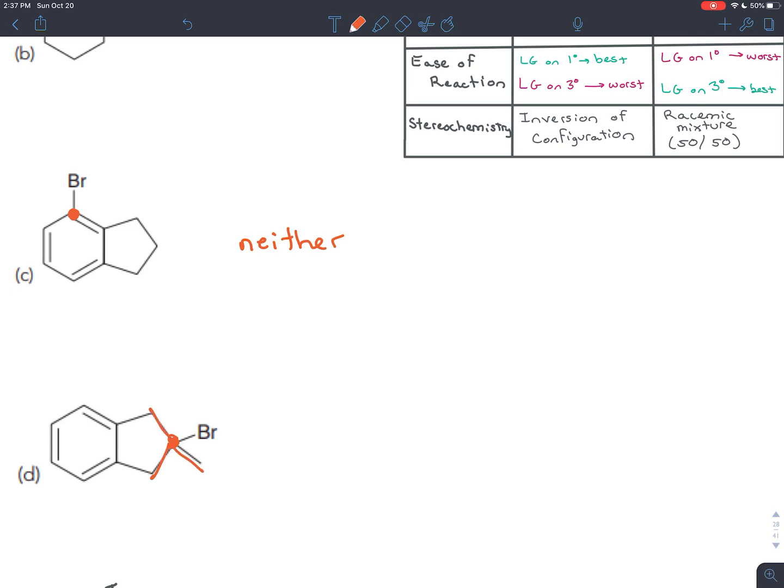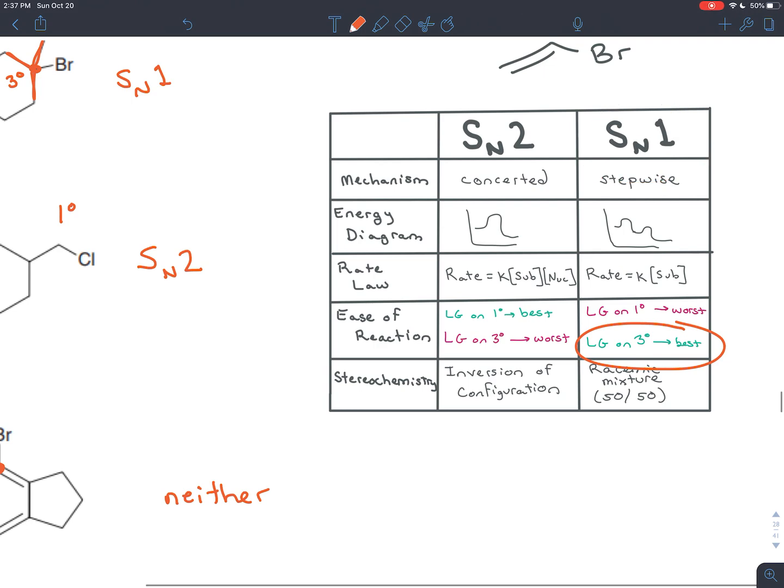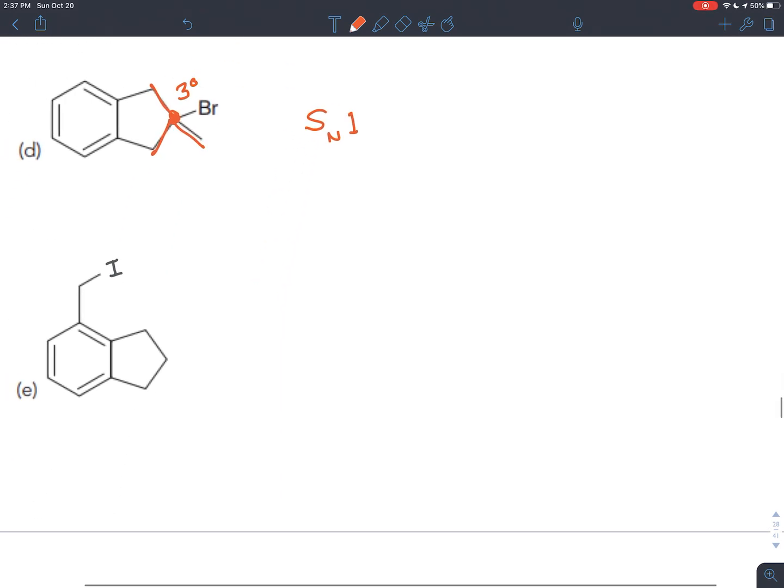Here, this is the carbon that has the leaving group on it. It's bonded to 1, 2, 3 other carbons, so that's tertiary. If the leaving group is on a tertiary carbon, that favors an SN1 reaction. Here we have a leaving group, and I think there was a typo here. So if in your homework there's not an iodine there, make sure you write an iodine. The iodine is your leaving group.